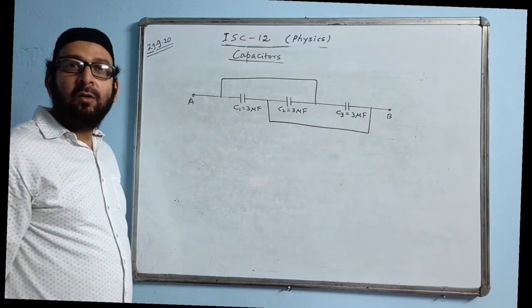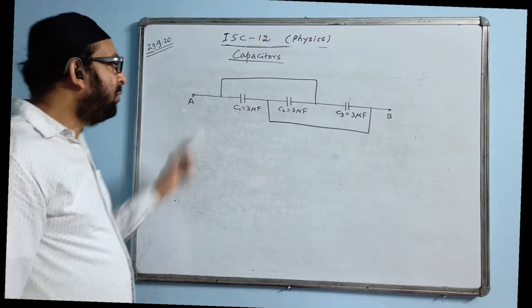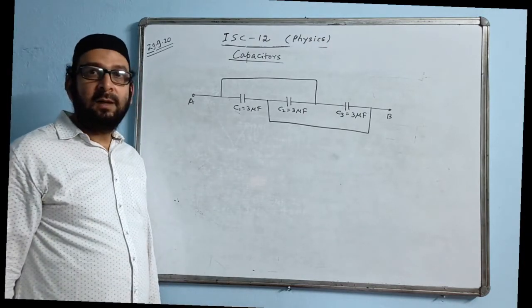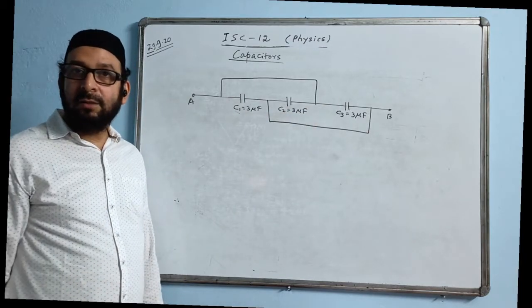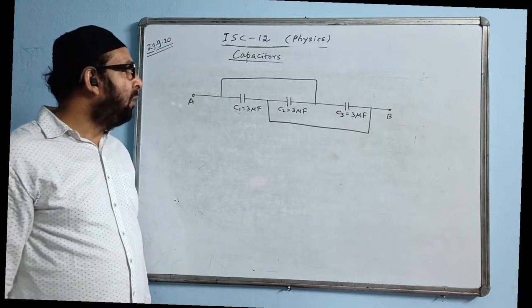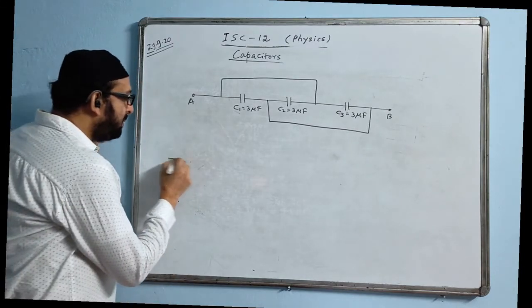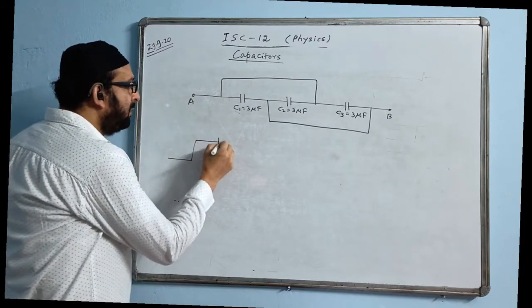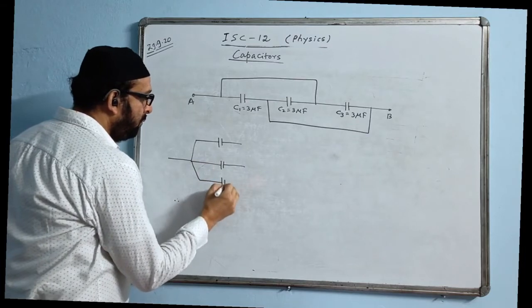How to identify what combination this is? I'll say all three of them are in parallel. They are not in series, but rather in parallel. How are they in parallel? Actually, what happens? I'll just show you one circuit here. It is 1, 2, 3.